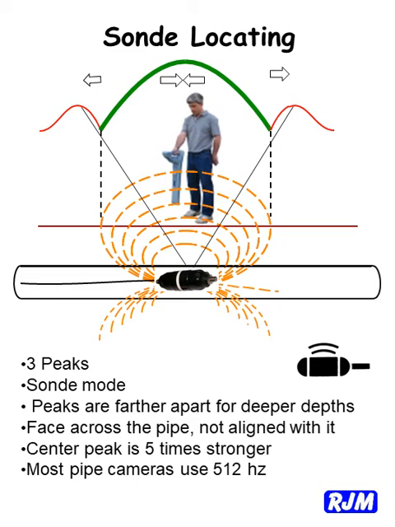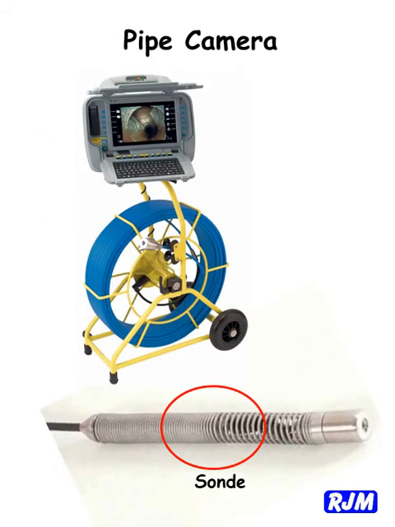If you're finding one of the outer peaks, there'll be a single arrow pointing away from the center. Confirm that the receiver is in sonde mode so that it works much better. Mini push cameras include a sonde to locate, plus you can inspect the pipe also.